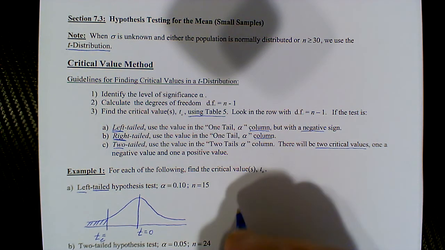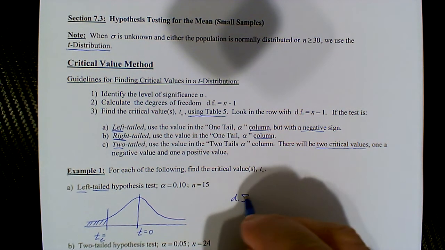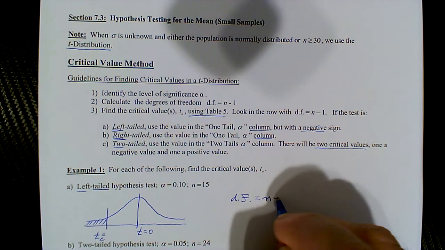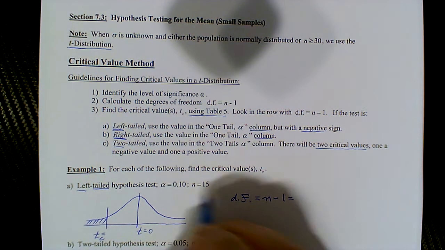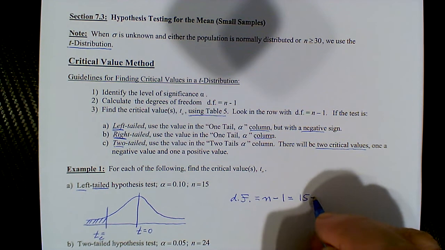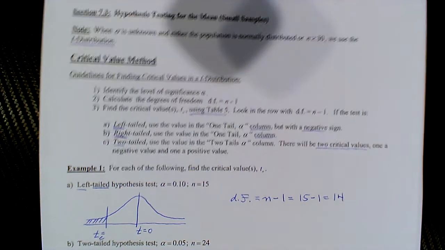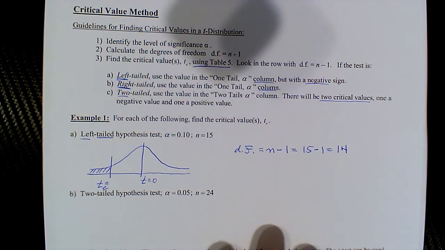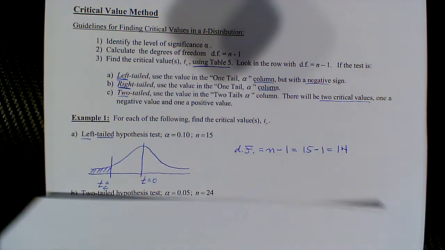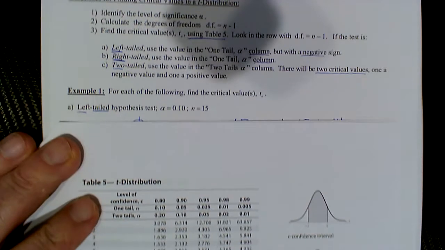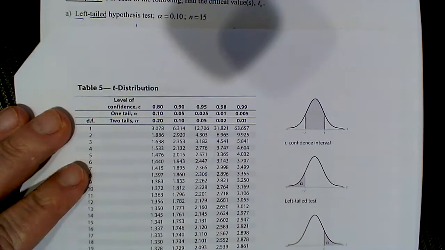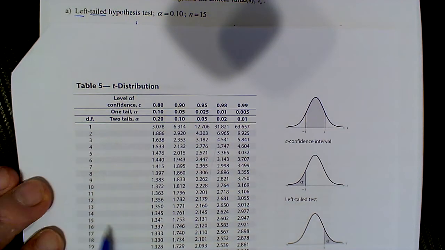We calculate the degrees of freedom, n-1, n is given to be 15 in this case. So 15 minus 1, which is 14. And then we're going to look under a one-tailed test because it's just left-tailed with a level of significance of 0.10 and degrees of freedom of 14.